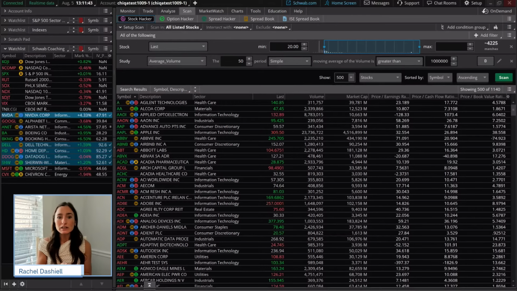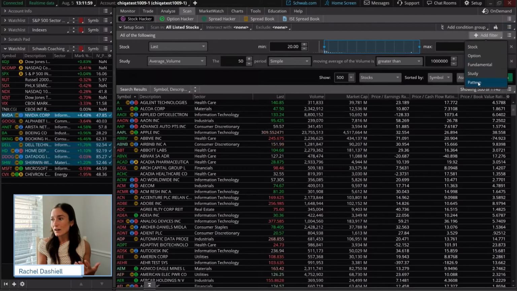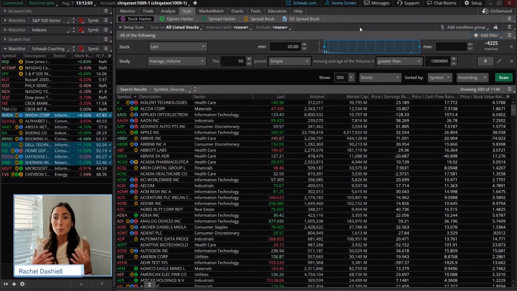And the answer really is, there is no way to truly scan for a price pattern. You cannot say to the scan tab, hey, look for a double bottom here. There is a feature for that, which is not going to be in the paper money side. You could filter for patterns, but it's not going to give you patterns that are developing now. That is more of a historical look back for patterns on the scan tab.